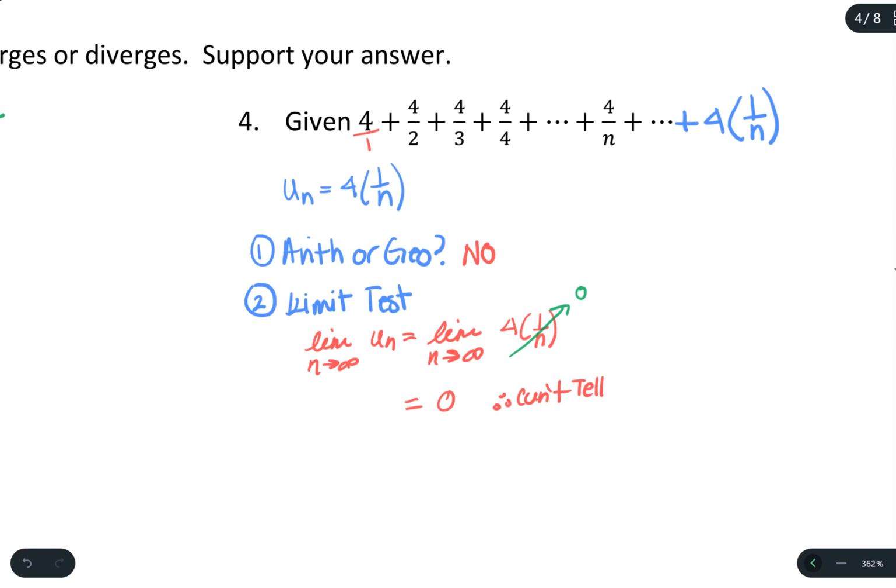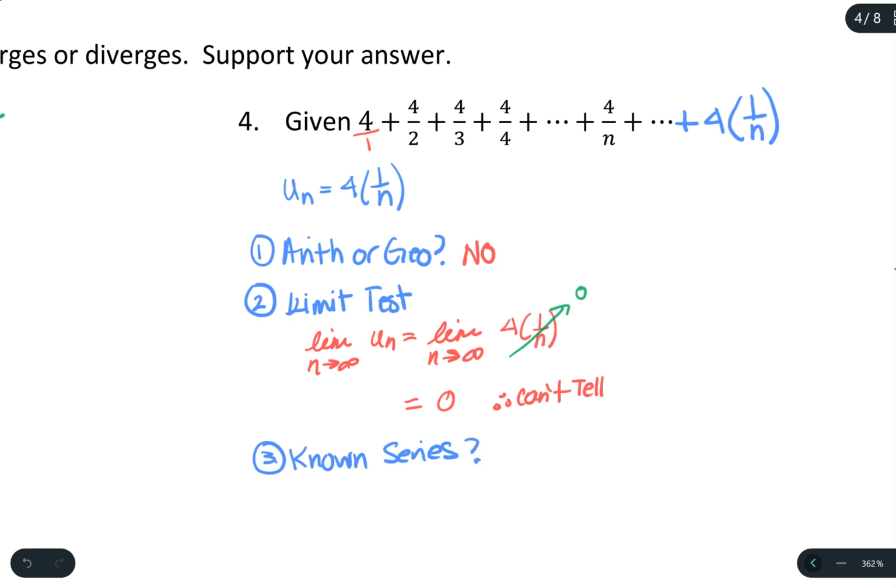So what else do I know? Well, what else I know is that if I multiply a known series by a constant, then it's going to do the same thing as the known series. So number 3, is it a known series?